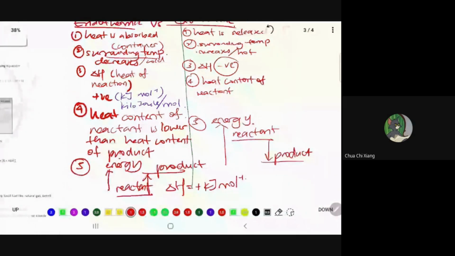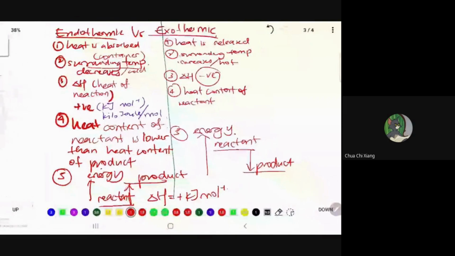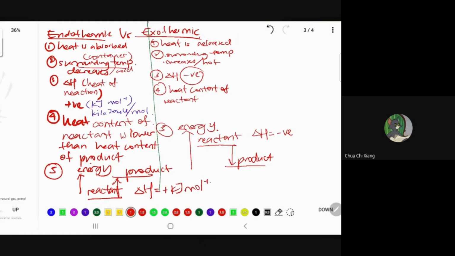When you draw an energy diagram, you have to label your heat of reaction as a negative value, and the unit must be kilojoule per mole. Heat content of reactant is higher than heat content of product. Very easy, right?